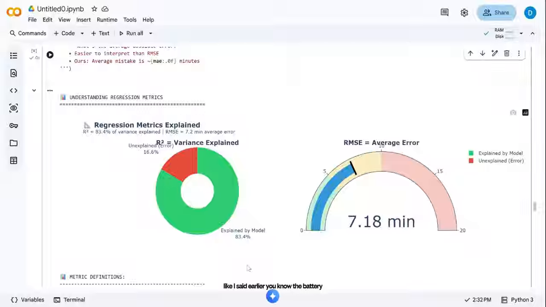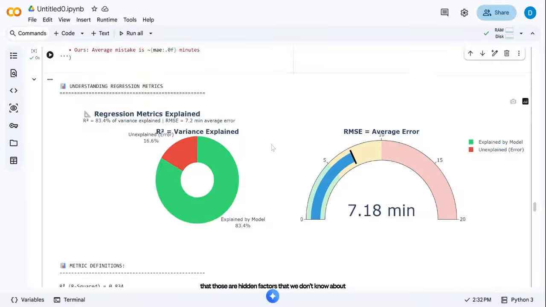Like I said earlier, the battery, how old the battery is, or how old the motor is, how good the condition of the rotors is, whether they have scratches or not, whether they're all well balanced, all oiled properly, and so forth.